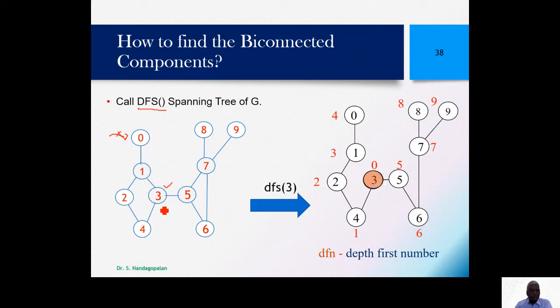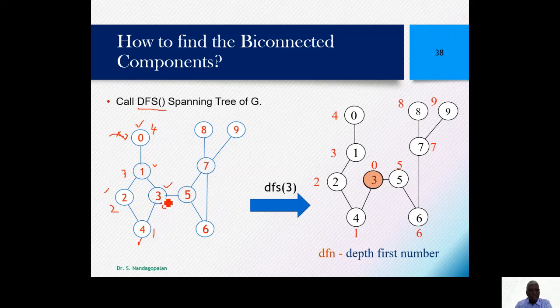Then you go to 4, adjacent, this is visited, then 2, visited. Next go to 1, visited. Then you come back, come back here, come back here.